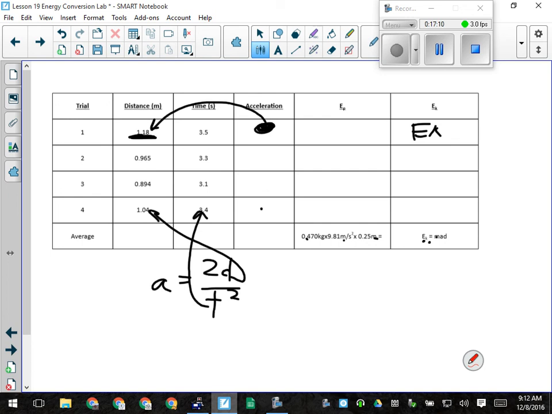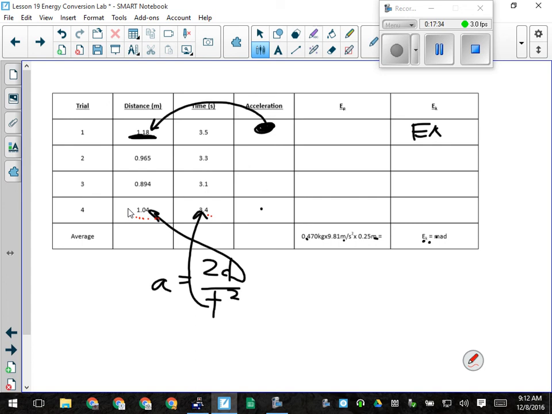So we go 2 times the distance, divide that by t squared. That'll give us our acceleration. We fill that into this column here, and then we average it. So calculate the acceleration for every cart, and then average the accelerations. Everybody with me there? Awesome.